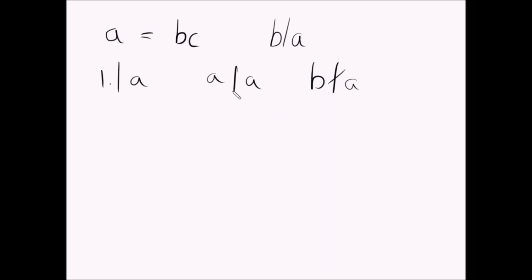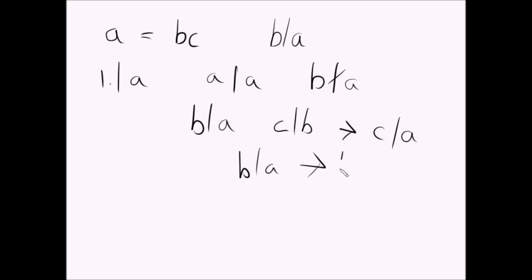And one final point on divisibility: if B divides A and C divides B, then it must be the case that C divides A. And also, if B divides A, B times C must divide A times C. In other words, if B divides A, then we can multiply both B and A by some number C, and the product BC will always divide the product AC.